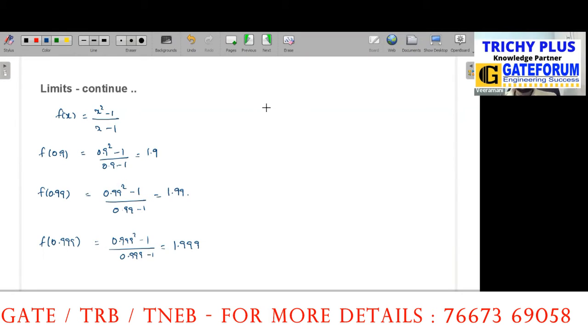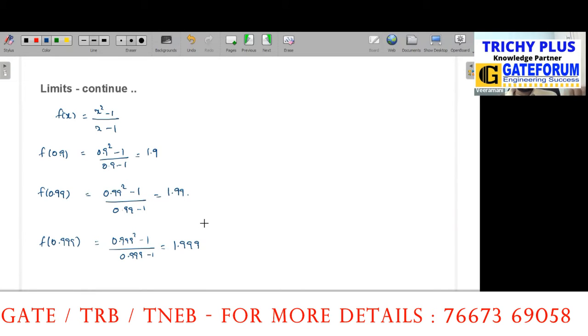Yeah, so even if we go close to 1, like 0.9999, we'll be getting 1.9999. Correct? So can we take the value of f of 1 as 2? If you go closer and closer, the output is also going closer and closer to 2. Correct? So can I take f of 1 is equal to 2?